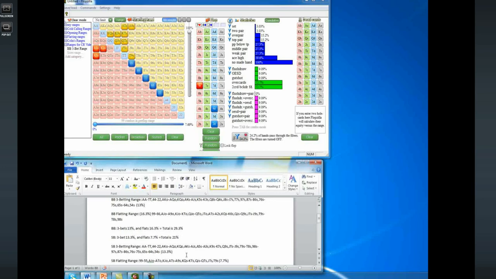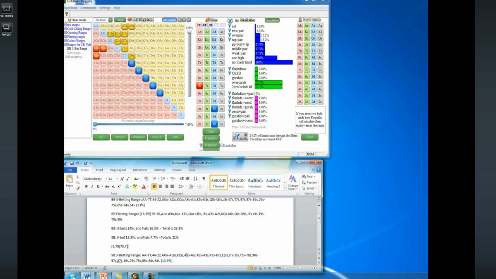So here, if we want to see how often we're defending against the button, the way we would do the math is we want to figure out how often both positions fold. So the small blind is going to fold 79%, so 0.79. And then the big blind is going to fold 70.7%.